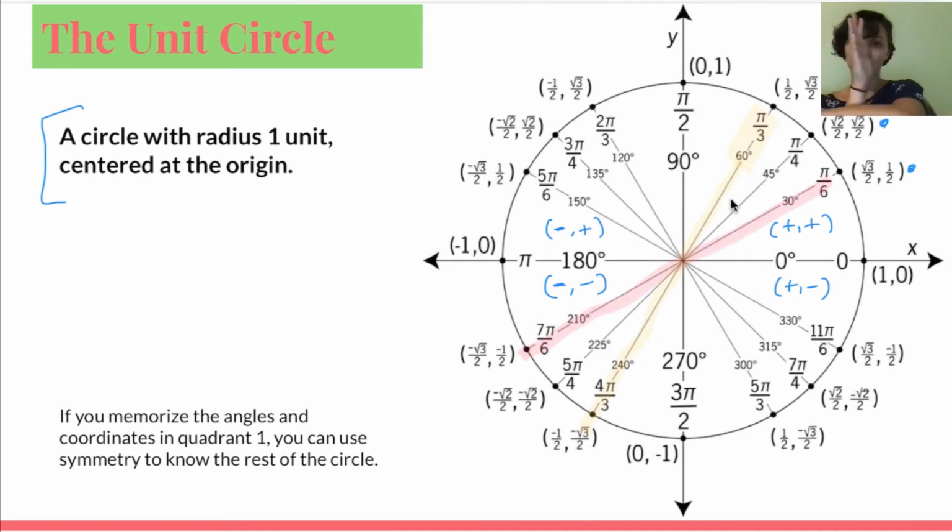So in the xy plane, it's centered at 0, 0. Okay? If you don't have these memorized, memorize them. At least memorize quadrant 1, and then you can use the symmetry around the circle to figure out the rest of the circle. Okay, so we're going to be applying the unit circle in the next page.